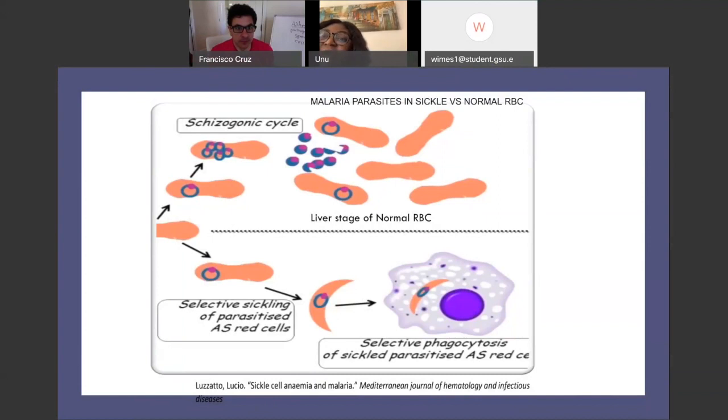So the slide here tries to explain what could be responsible for why sickle cell carriers, who will be bitten by mosquitoes because most of that occurs in the tropical areas, don't go on to develop the full disease.